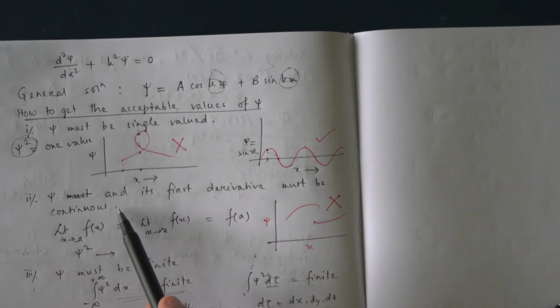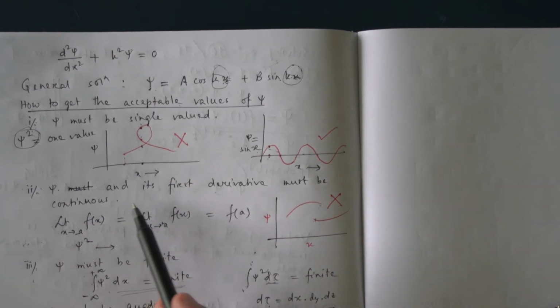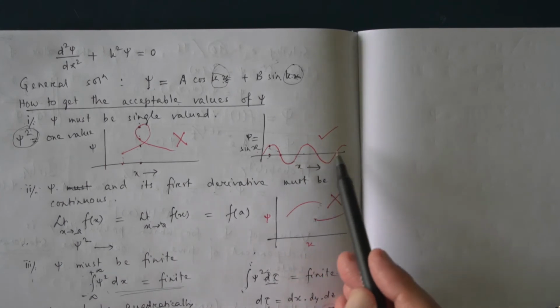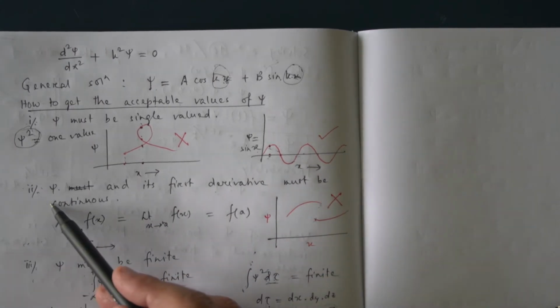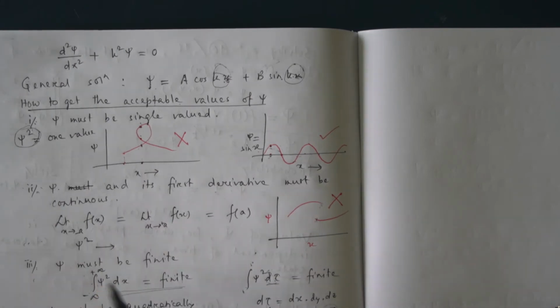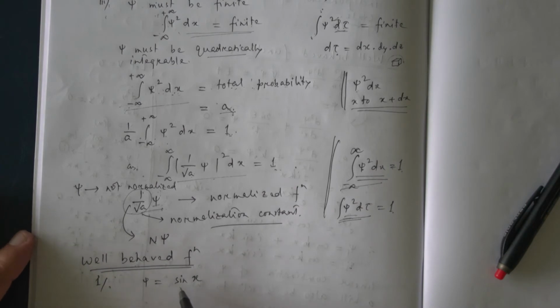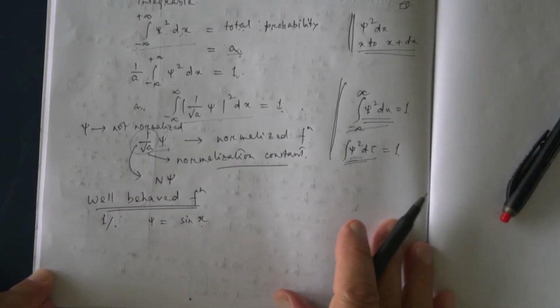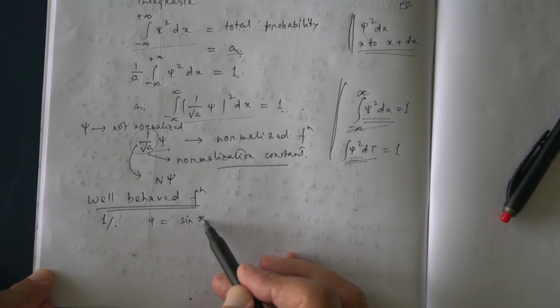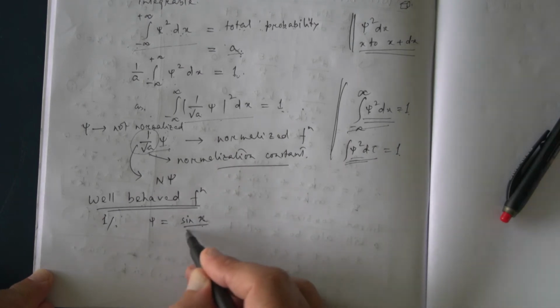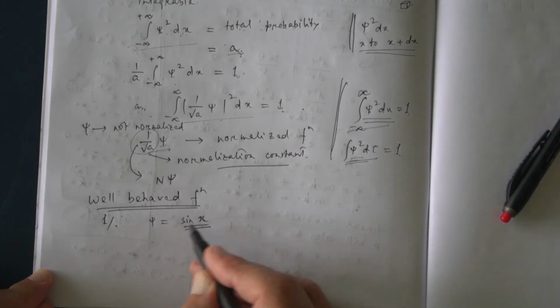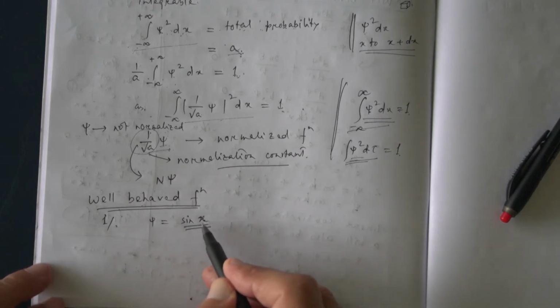Second condition, psi is continuous. We have already seen psi is continuous. So the second condition is also satisfied. Third condition, psi must be finite. We know the maximum value of sin theta is +1, the minimum value is -1.